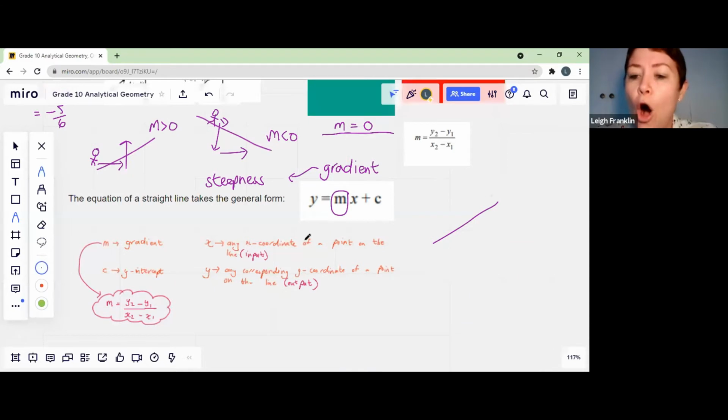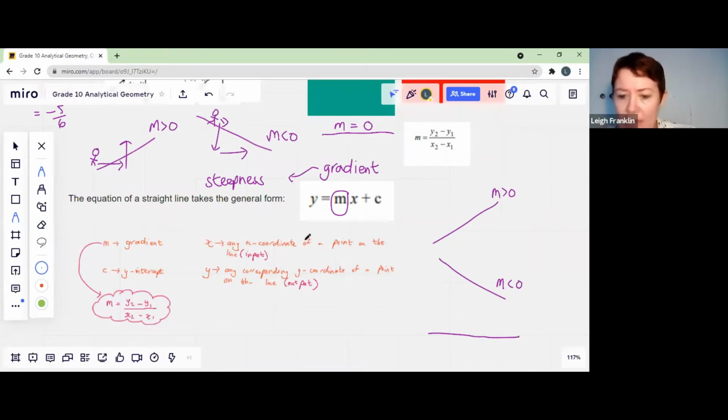So on a Cartesian plane, lines can have a positive gradient, like this one, or they can have a negative gradient, like this one. Correct, Nzole. Or lines can be a straight horizontal line. So here the gradient is 0.